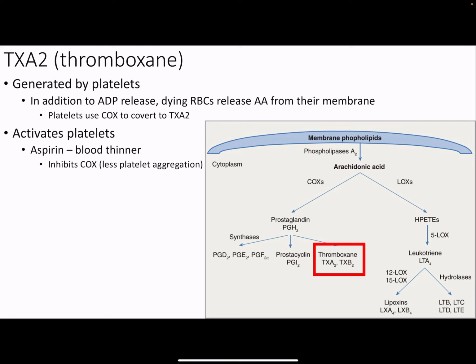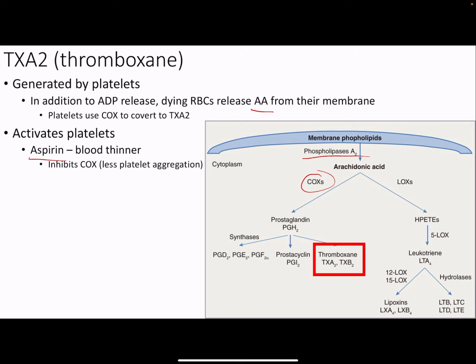Another thing that activates these platelets is thromboxane. So in addition to ADP release from dying red blood cells, they will also release some arachidonic acid from their membrane. So the membrane phospholipids turn into arachidonic acid with phospholipase A2. Cyclooxygenase, COX enzymes in the platelets can then turn this into thromboxane, and then the thromboxane will activate them.